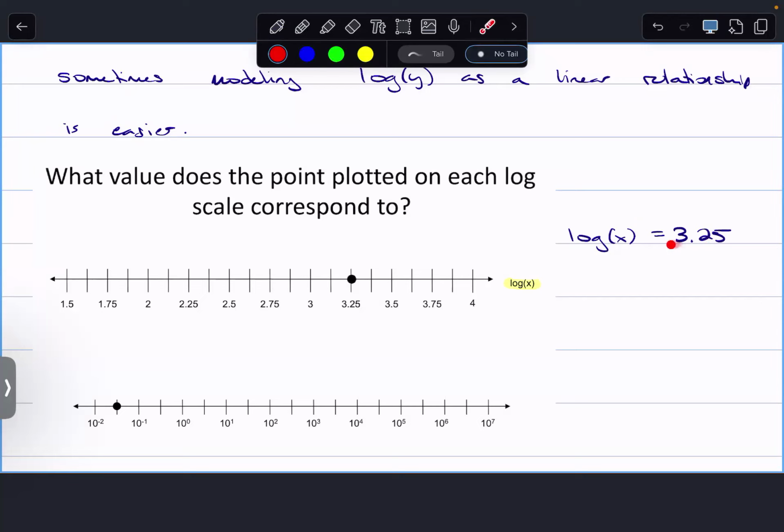Or, if you prefer, how do you solve for x when it's inside the log base 10? You raise both sides to the power of 10, and you get to the same place, whether you read this as an exponential function or actually solve it. Either way, 10 to the log base 10 of x is 10 to the 3.25, which means x is 10 to the 3.25, which is something large.